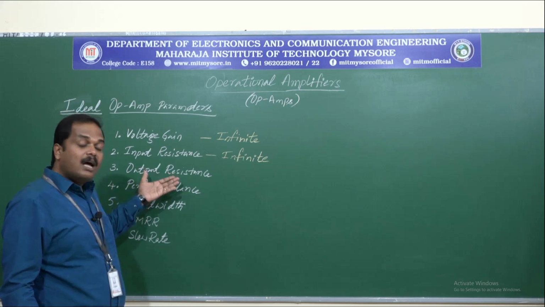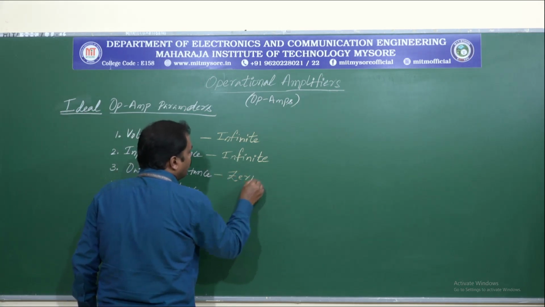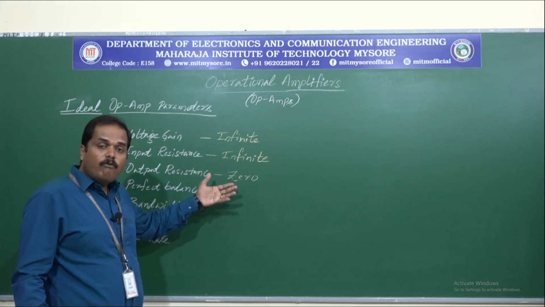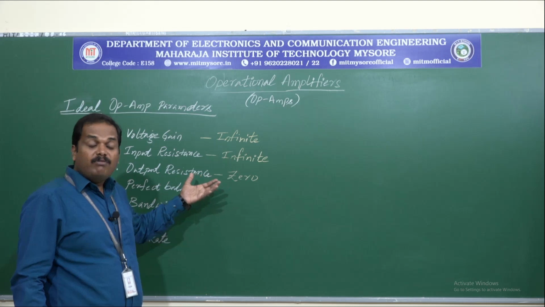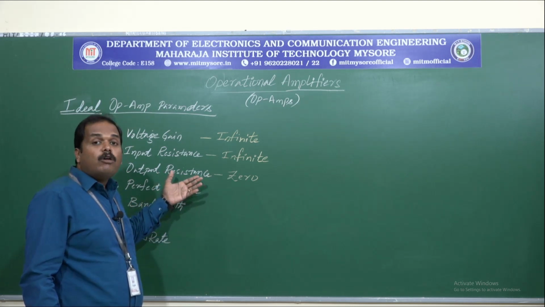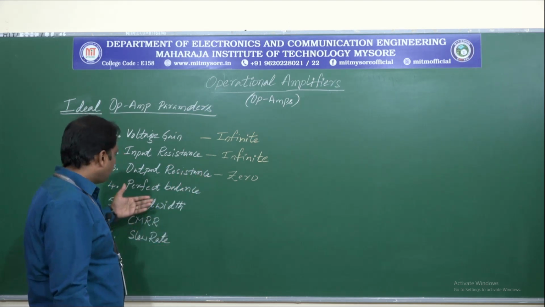And the next parameter is output resistance. This is going to be 0. The output resistance is 0 for an ideal op-amp, which indicates that the ideal op-amp provides an enormous amount of current at the output terminal.